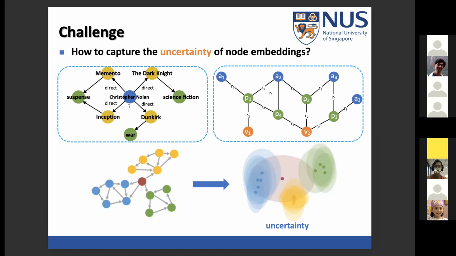As long as we equip this node with different neighbors, we will just address the challenge, right? So, for example, giving the node maybe the Dark Knight, suppose we add another link.